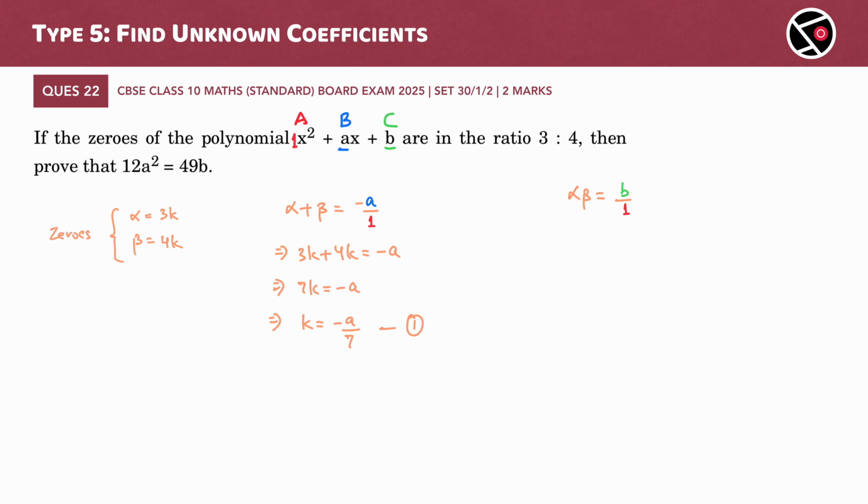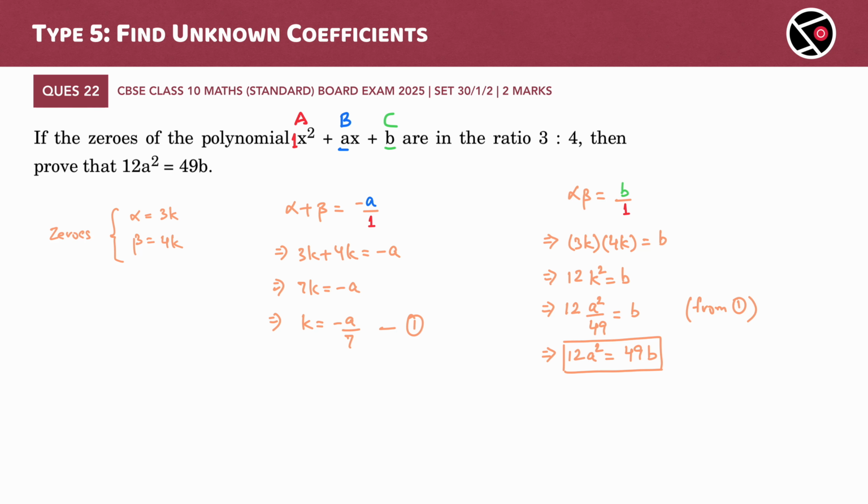Substituting values of alpha and beta, we have 3k times 4k equals b. 12k square equals b. Now, using the value of k, 12a square over 49 equals b, or 12a square equals 49b. And with this, we are done with the proof.